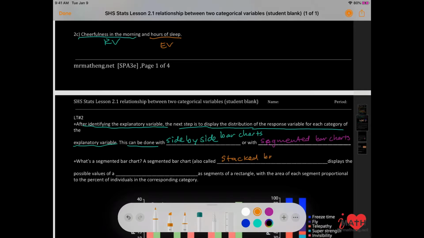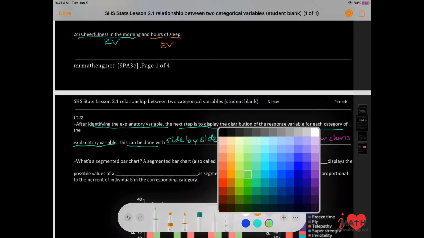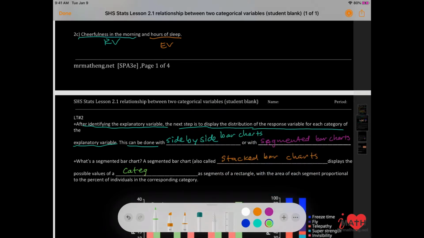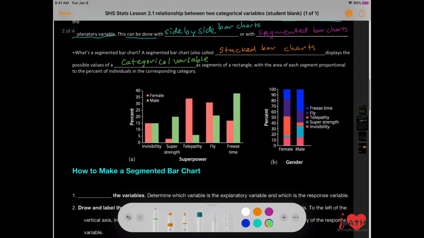Stacked bar charts display the possible values of a categorical variable as segments of a rectangle with the area of each segment proportional to the percent of individuals in the corresponding category. What does that mean?